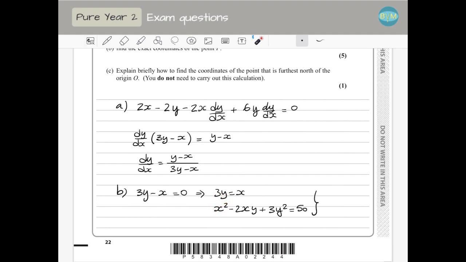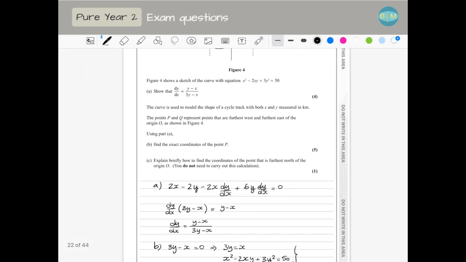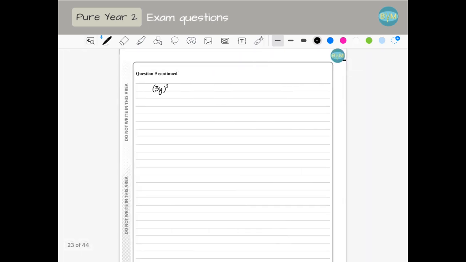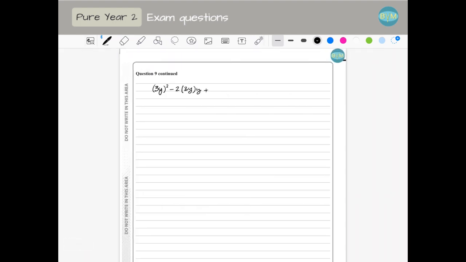So I have 3y squared, minus 2xy, plus 3y squared is 50, which is a quadratic in y.